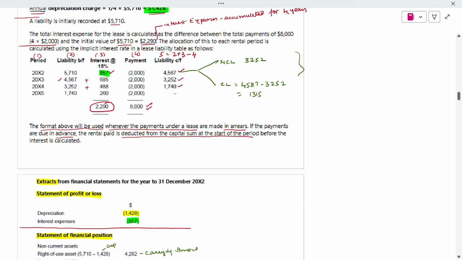Wherever you do, whatever you are doing, classification is very, very important. Classification in terms of assets or in terms of liabilities. In terms of liabilities, non-current liability and current liability. In terms of assets, non-current assets and current assets.